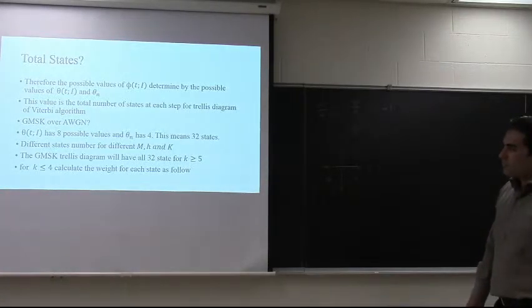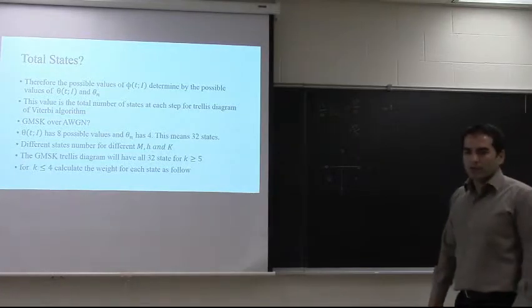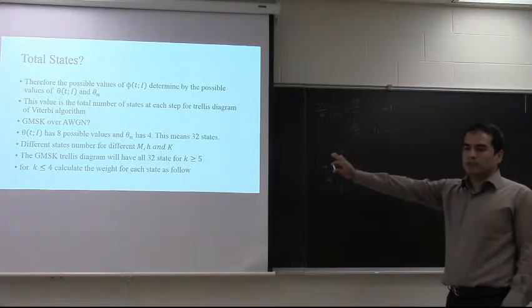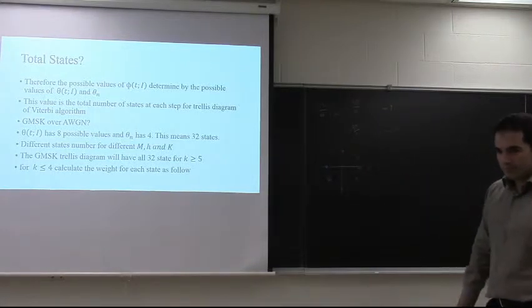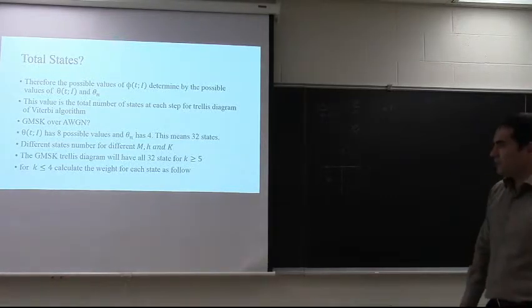For the GMSK signaling, we have 8 possible values for theta of t and I, and also 4 possible values for theta of n. Therefore, 32 states for the Viterbi diagram. So when designing our transmitter part in our project, we have to use this formula, or actually we do not.